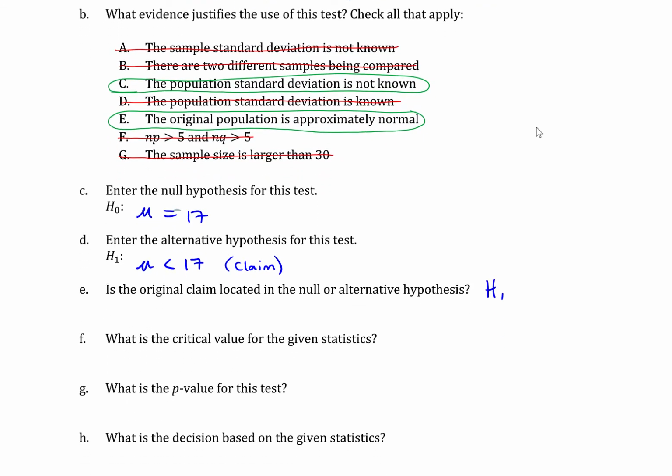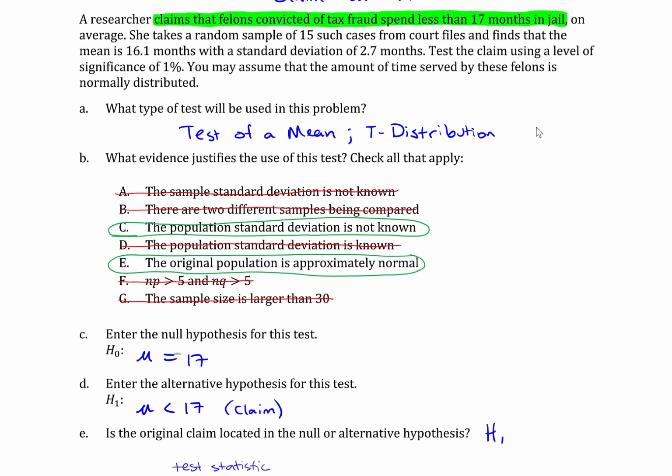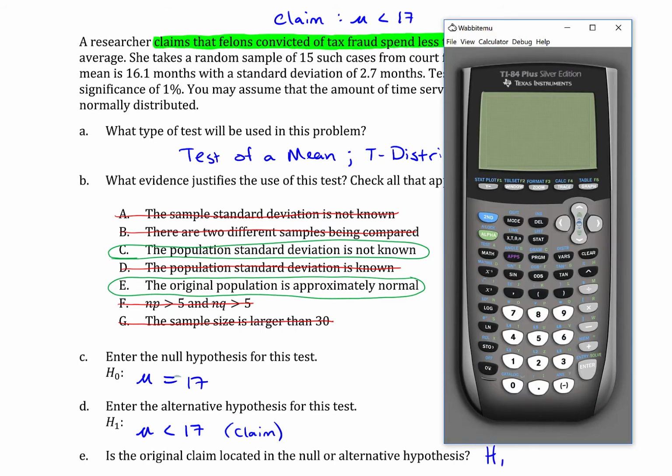Next, what is the critical value for the given statistics, and what is the p-value for this test? The critical value, that's not really the right wording here. Really what that means to say is the test statistic. So let me correct that. To get those, we will use the calculator. I'm going to scroll back up so I can see the information from the sample. We're going to use the t-test function.